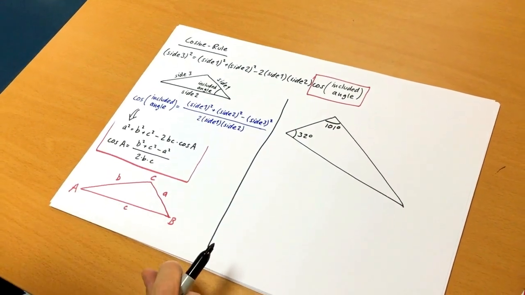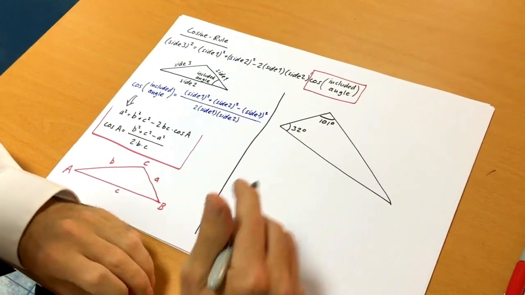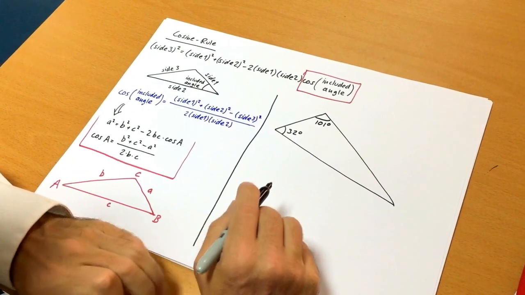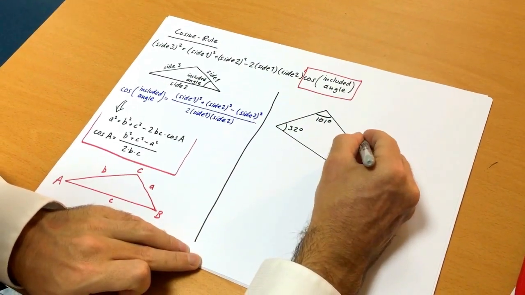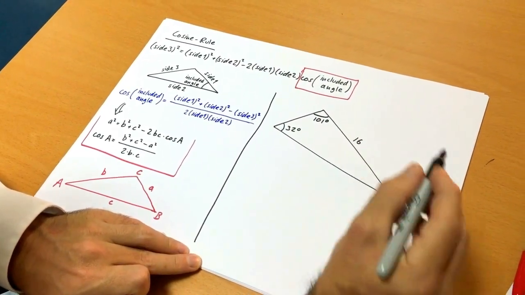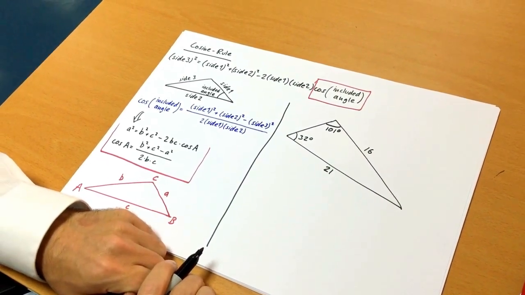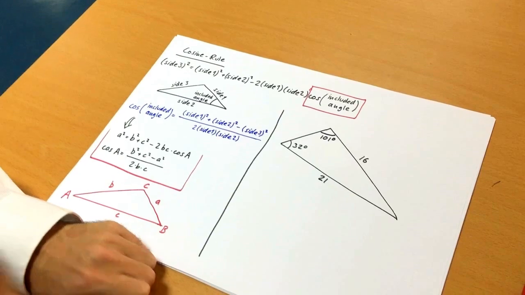And let's say that I know that one side length is 16 and the other side length is 21. And I want to calculate the missing sides and missing angles.